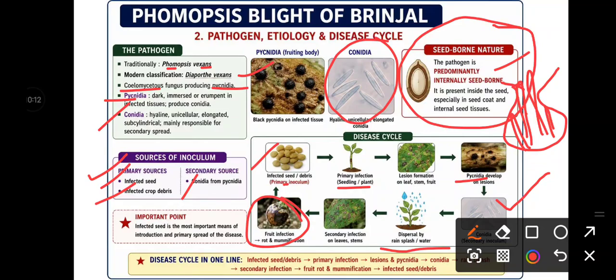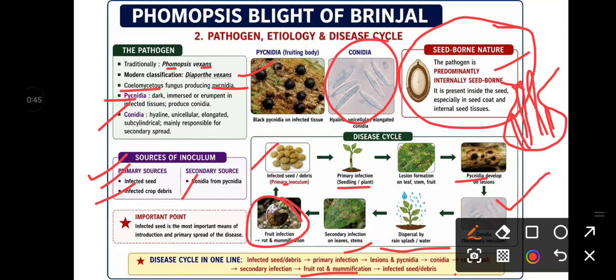So, the disease in one line: infected seed or plant debris causes the primary infection. After primary infection, brownish, circular to irregular lesions will form. Then on fruit, pycnidia will be formed that will produce an enormous number of conidia, which are later spread by rain splash of water and cause secondary infection, causing fruit rot and mummification.